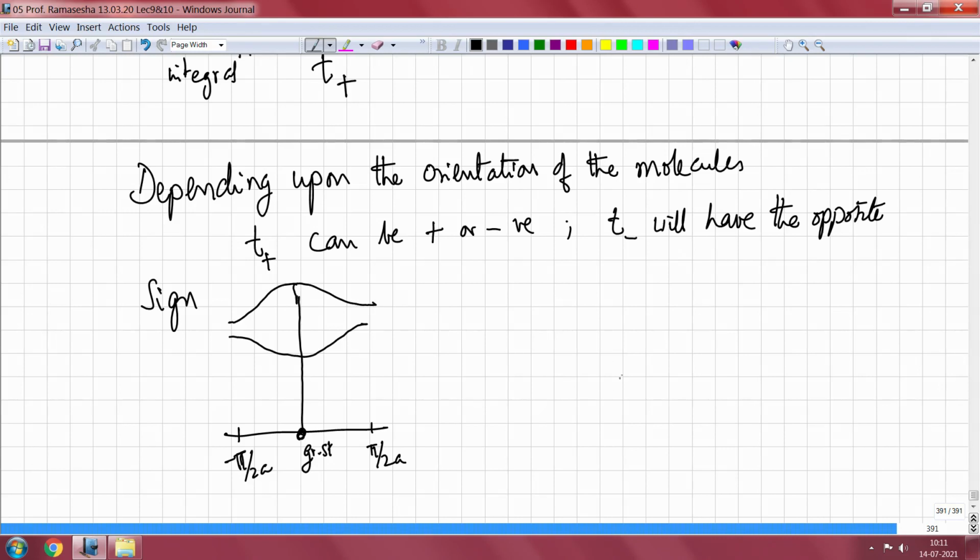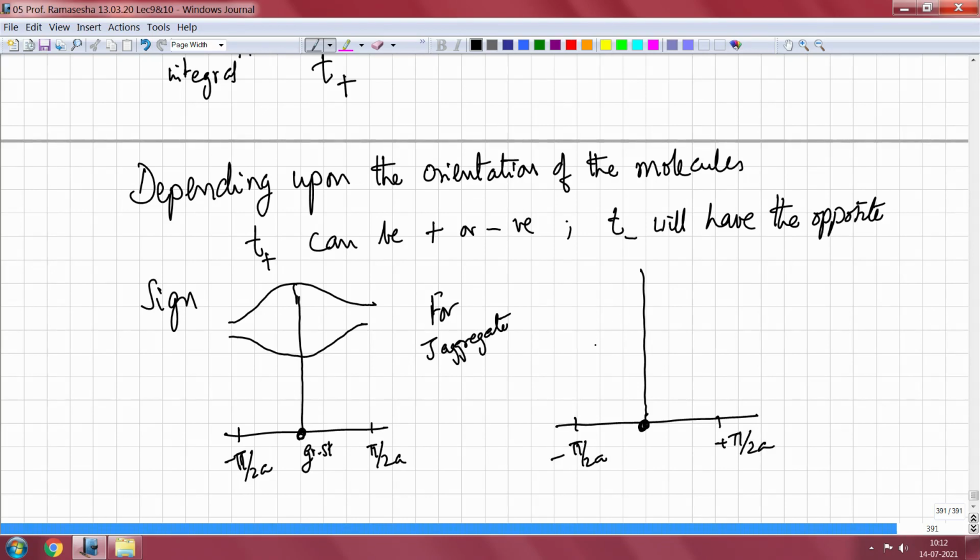And this is for a J aggregate, and if I am looking at the H aggregate, it will look like this. This is again the molecule in the ground state, minus pi by 2a and plus pi by 2a.